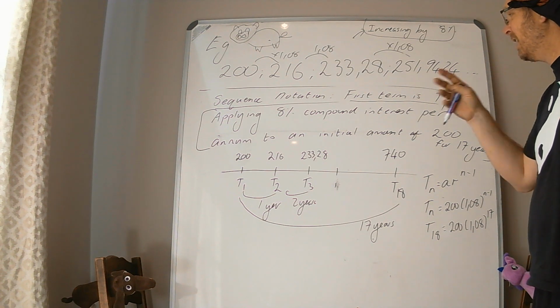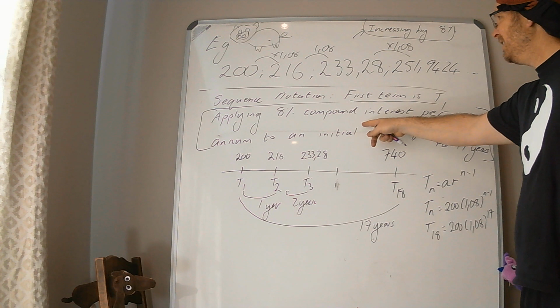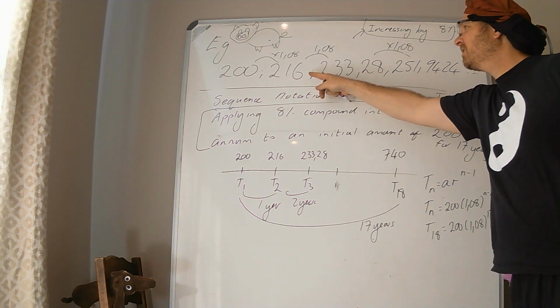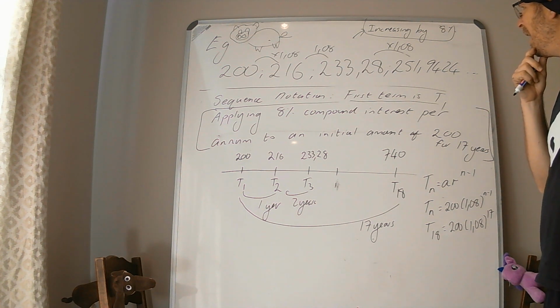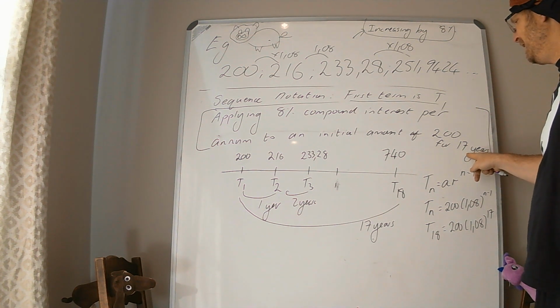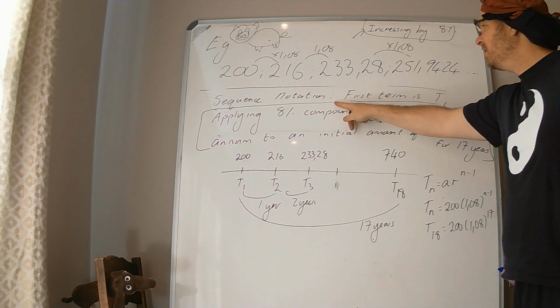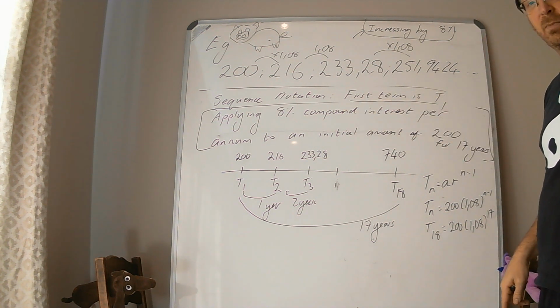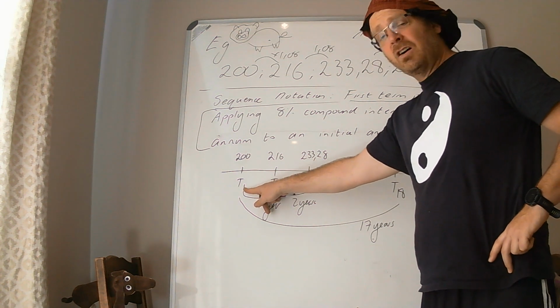It would be effectively the same question, because if you applied 8% interest, after 1 year you'd have 216, after 2 years 233,28. But why is it 17 years? The thing to remember is that in sequence notation, we refer to the first term as being term 1. So term 1 is the starting point.